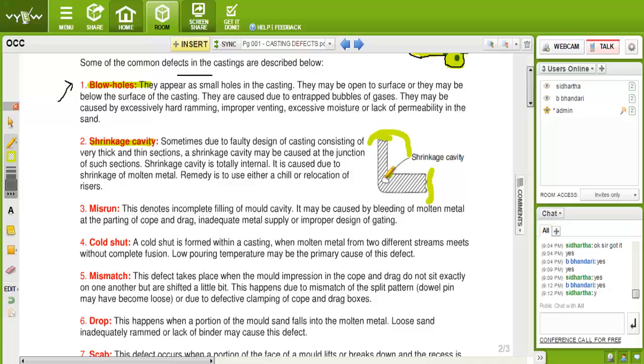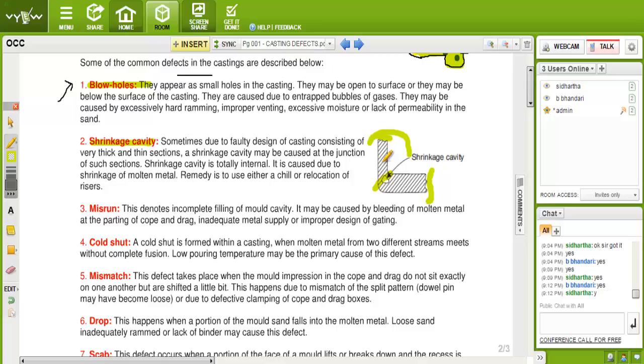So at the joining end, the distribution of the molten metal is not even, because every molten metal, when it solidifies, will shrink and reduce its size, because it is the natural tendency of a metal. When it is heated or melted, its volume is big, and when it solidifies or cools, it will shrink.